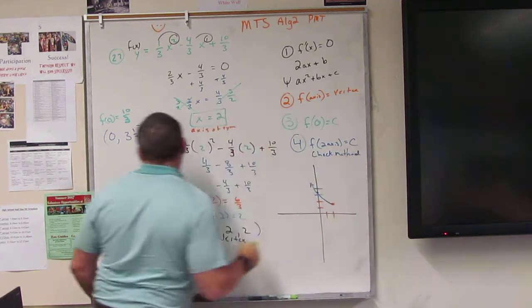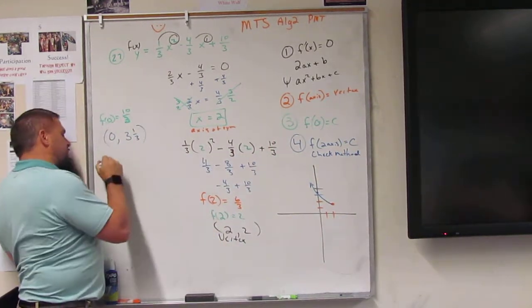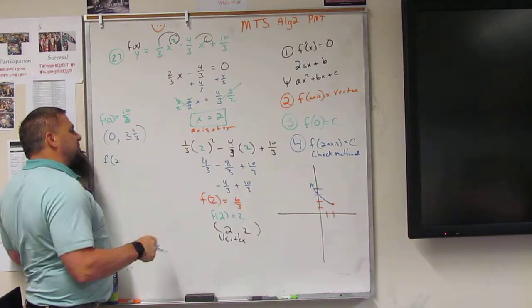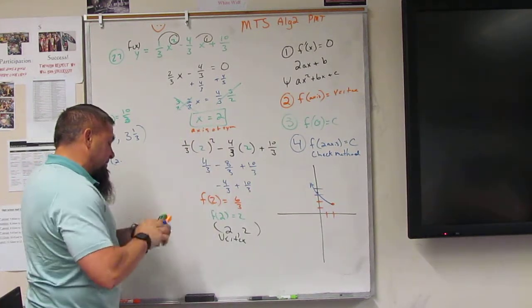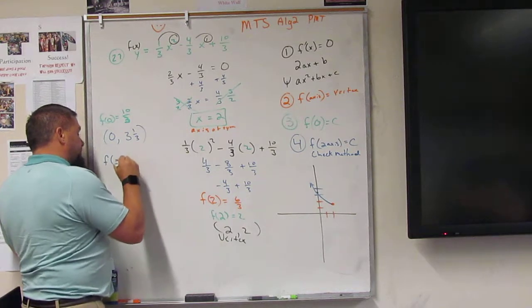And so I plug in, it's not as easy as plugging in 0. I plug in 2 times the axis. The axis in this case is a 2.